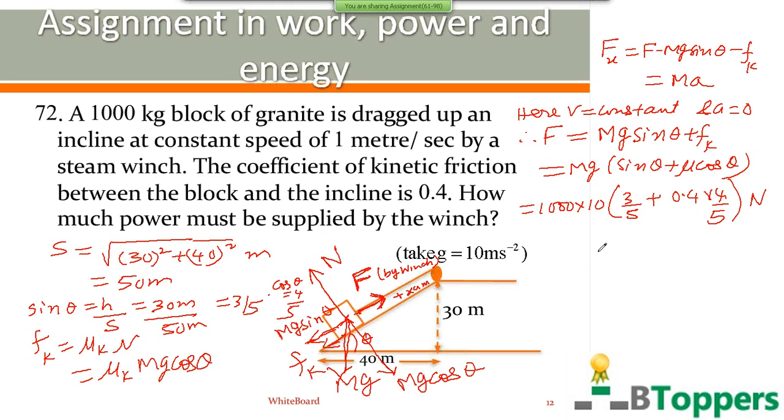The mass m is given to be 1000 kg. g is given to be 10 meter per second square. Sin theta I can take 3 by 5. Mu is 0.4 and cos theta equal to 4 by 5. This will be in Newtons. You can solve for this. So the power delivered by the winch is equal to F into v, because the force developed by the winch acts in the direction of the velocity.